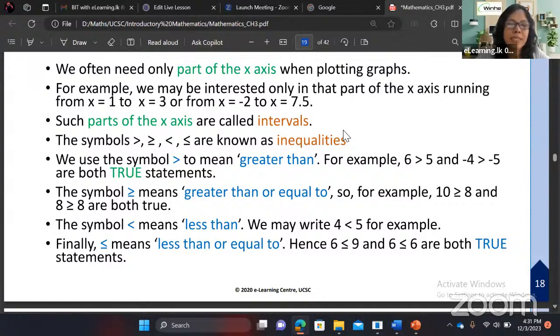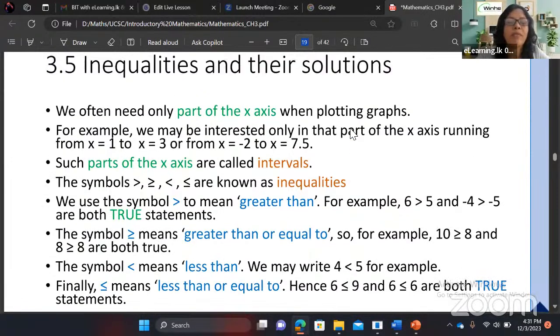Right. When we are representing inequalities, normally we give them as a range of intervals, right? So we represent it as a part of the x-axis. We use the signs.